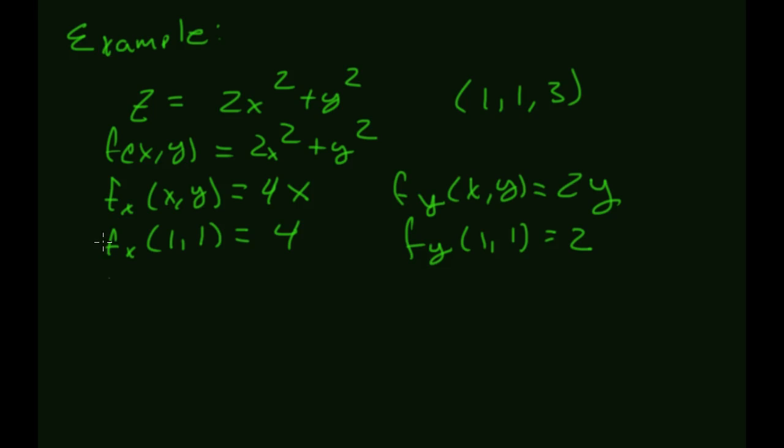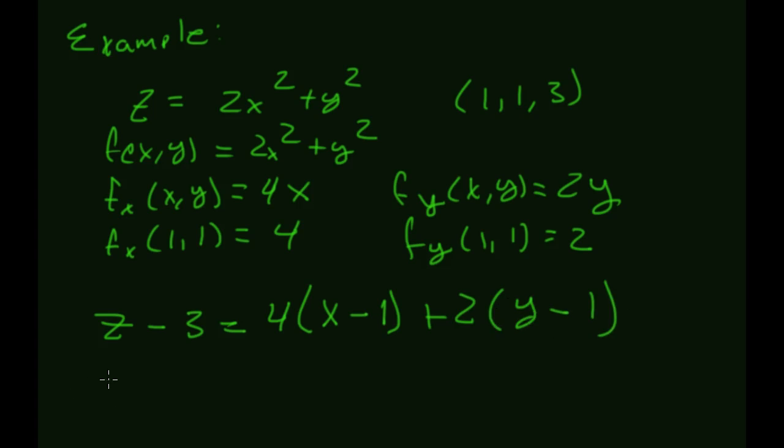So I need z minus z null, which is 3, equals f sub x, which gives me 4 times x minus x null, which is 1, plus f sub y, which is 2, times y minus y null, which is 1. A little bit of work here. I can distribute the 4 and the 2, which gives me 4x minus 4 plus 2y minus 2.